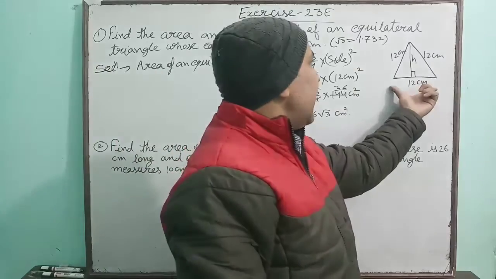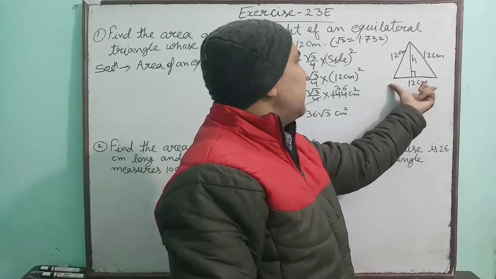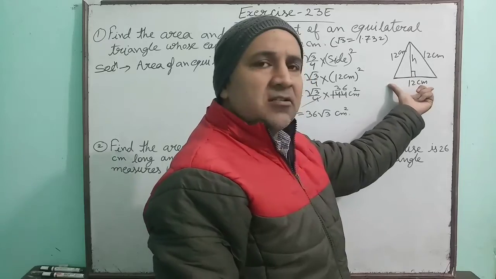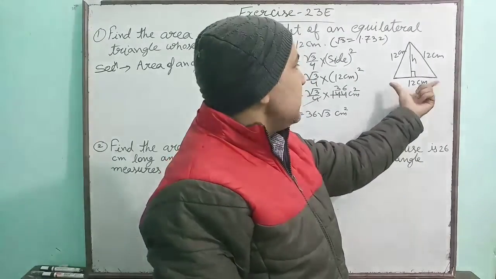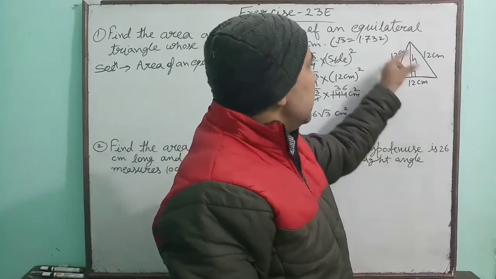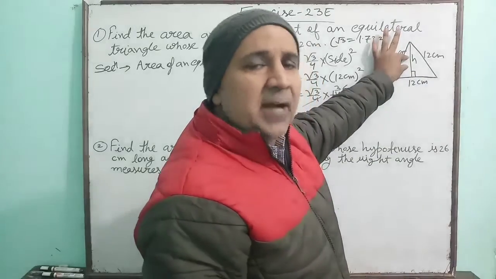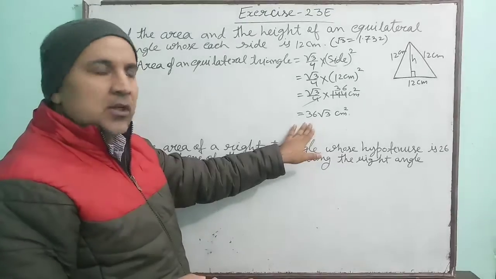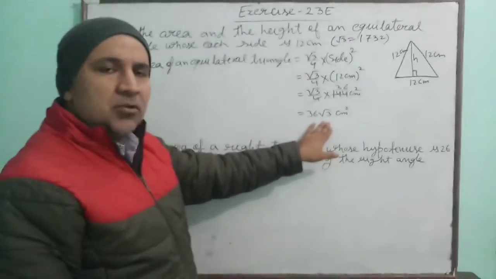Okay, and the side of the triangle on which the perpendicular is drawn is called the base. It means 12 will be the base, h is the height which we have to find in this question, and area we have got: 36 root 3.